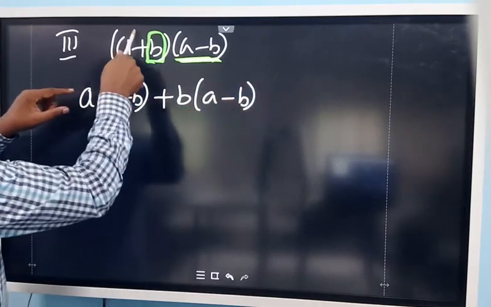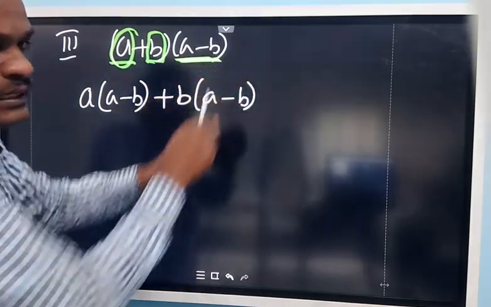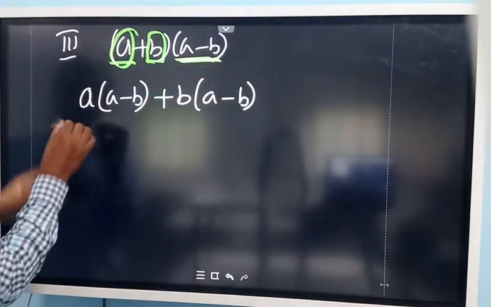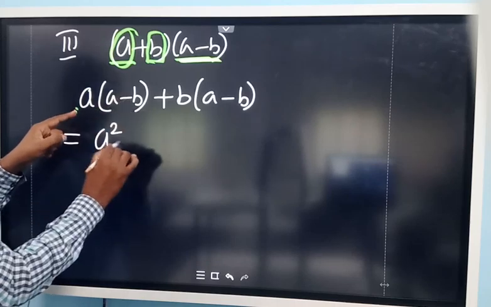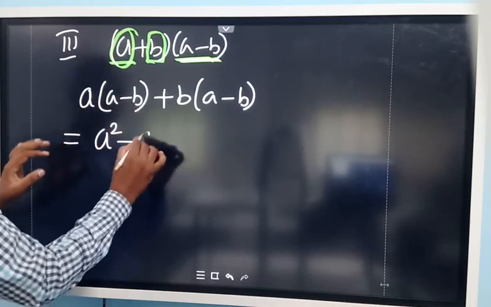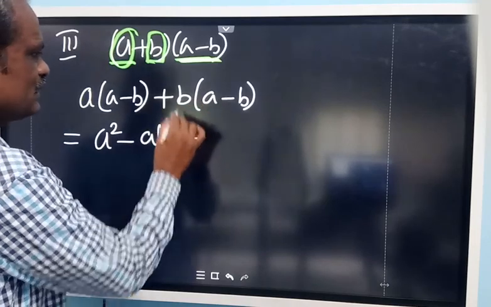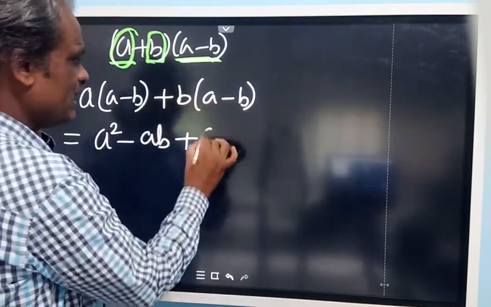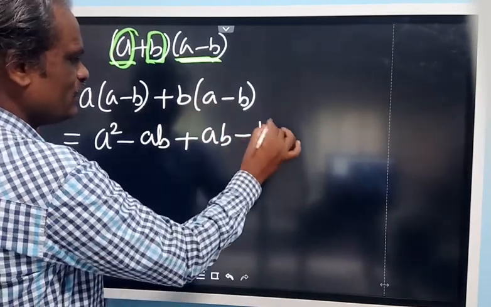So we selected the first term, multiplied to this complete expression, and the second term into this complete expression. Now if you multiply a into a, it becomes a². Minus sign is there, a into b, it is ab. Then plus into plus is plus, b into a or a into b, ab. Then plus into minus is minus, b into b, b².